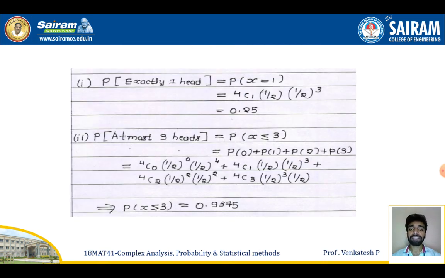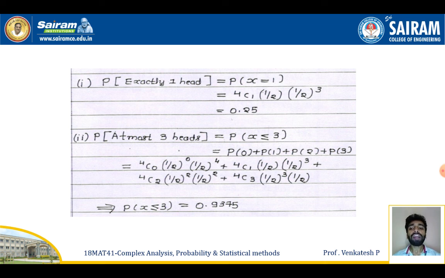Now I want to estimate the probability of getting exactly one head. So we have to replace x is equal to 1 in the obtained probability distribution equation. If I replace x is equal to 1, I will get 4C1 (1 by 2) (1 by 2) whole power 3. On simplifying this equation, the solution will be 0.25.